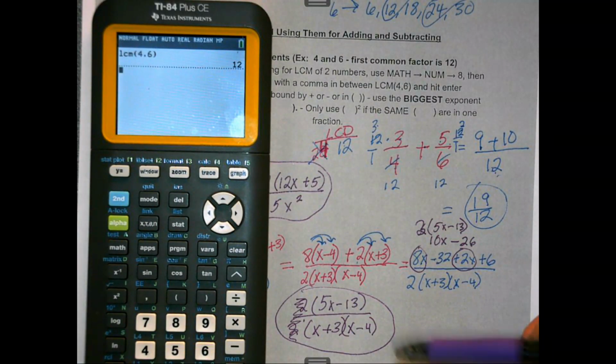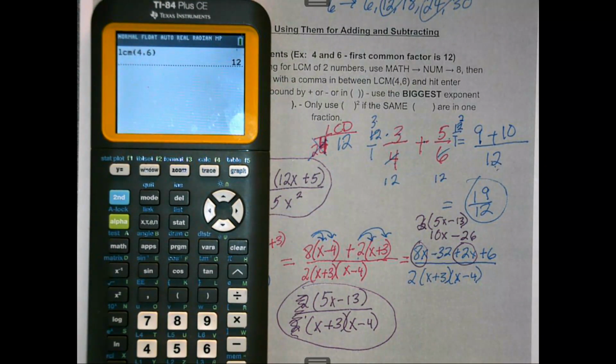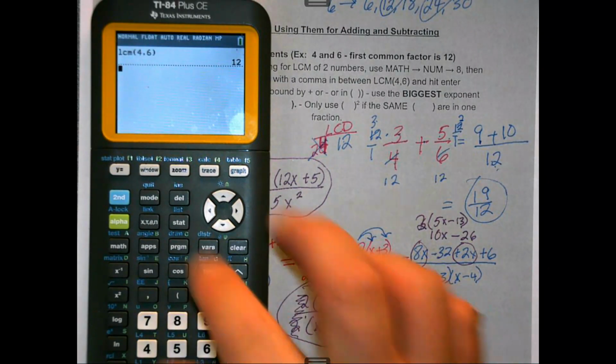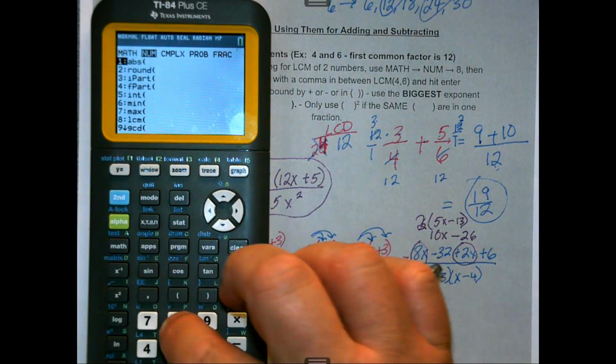Now you might say, well, that's pretty easy. What if you had numbers like 212 and 317 or something? It'll find the lowest common multiple for you. Suppose you had, I don't know, let's do math, num, 8.